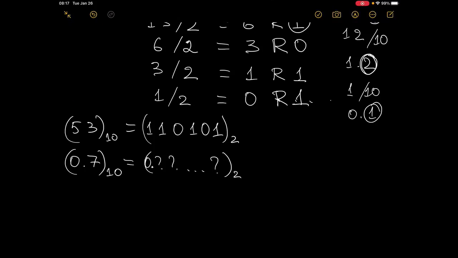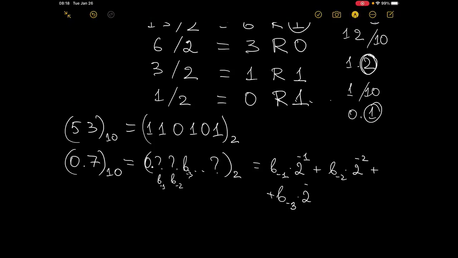And so for example, b -1, b -2, and so on, right? Essentially it will look like that: b -1, either 1 or 0, multiplied by 2 to the -1, plus b -2 multiplied by 2 to the -2, plus b -3 multiplied by 2 to the -3, plus and so on, all possible further negative powers of 2.